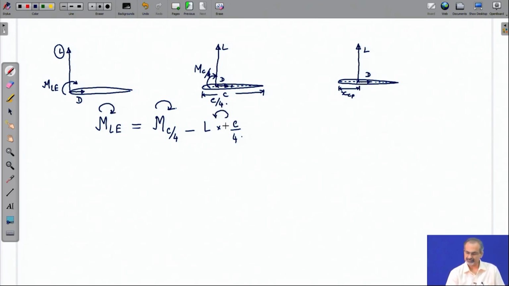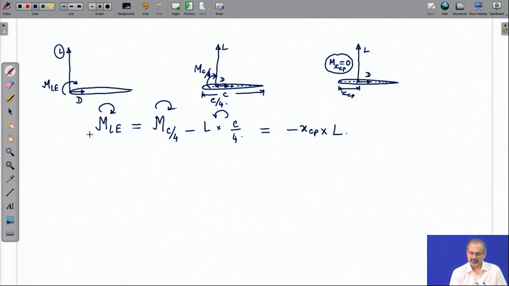So, it negates, and finally, this should be equal to minus x Cp into L, because now the moment corresponding to the force acting through x Cp is equal to 0.